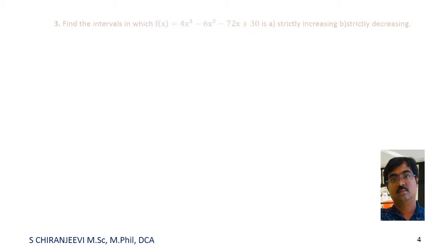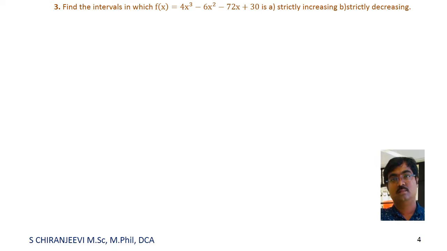Next problem. Find the intervals in which f of x equal to 4x cube minus 6x square minus 72x plus 30 is, first one strictly increasing, second one strictly decreasing.